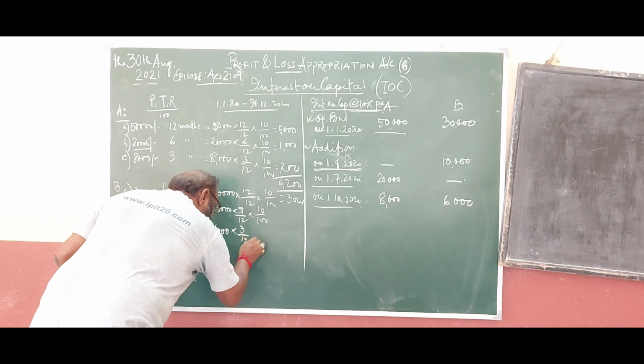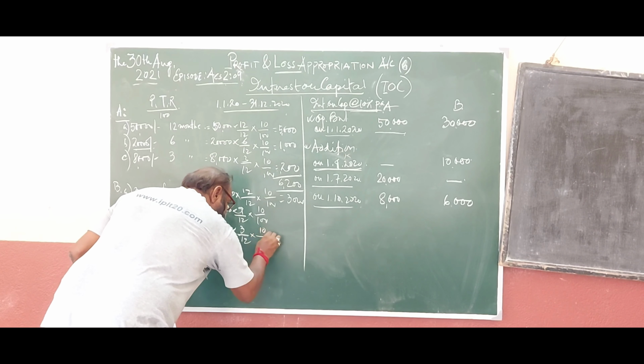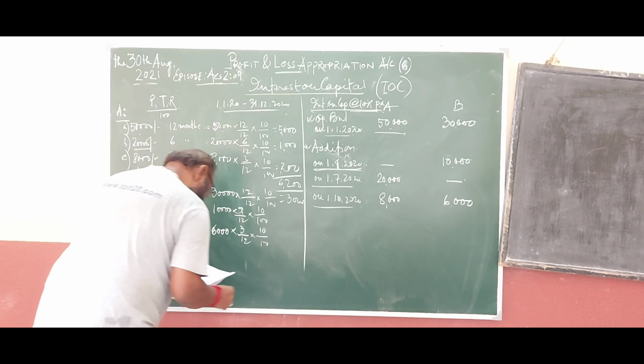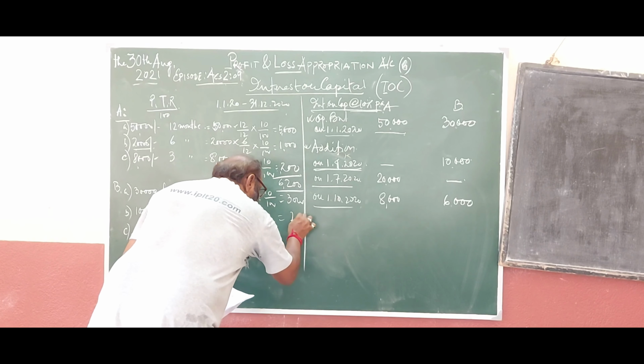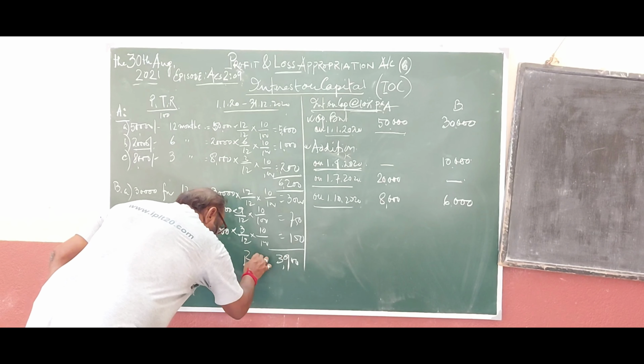For 3 months, at the rate of 10%. So the amount is 750 and it is 150. So it is 3,900. That is interest on capital of B.